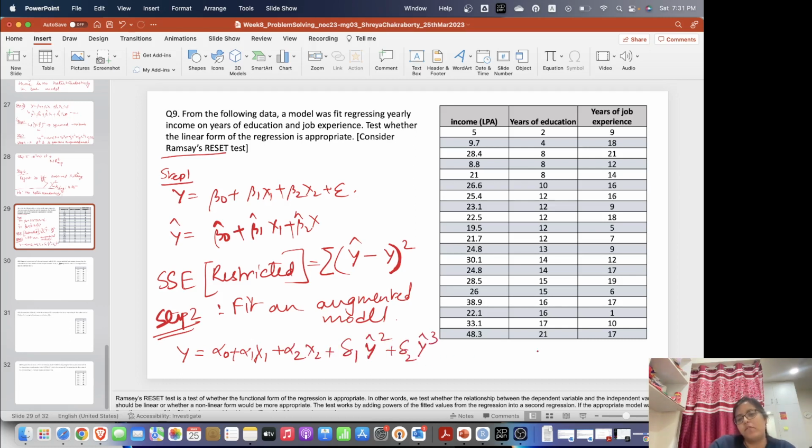We could go on for 4, 5, 6. There's no limit to it, but for the sake of convenience, we'll take up to 2. There's no hard and fast rule as to where we should stop.